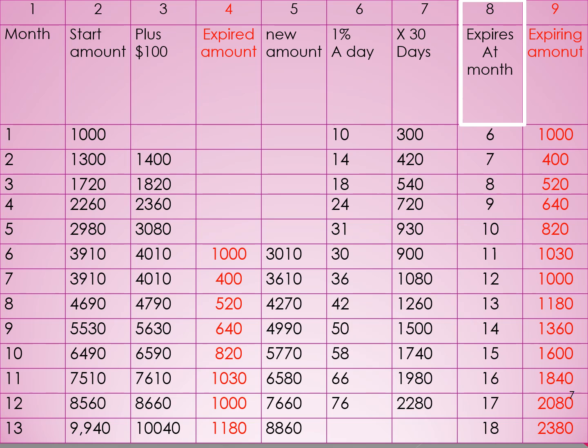So that $1,000 position will expire after 5 months. So in month 6, as you look down here in row 6, column 4, you're going to see a red 1,000, meaning that $1,000 is being deducted because it is now expired.